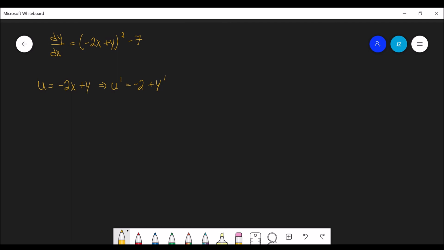So we can rewrite our differential equation as u prime plus 2 is equal to u squared minus 7, which is u prime is equal to u squared minus 9.